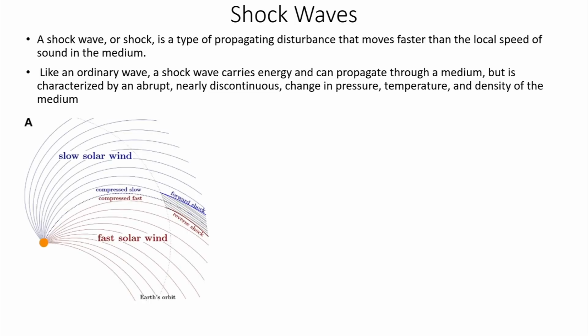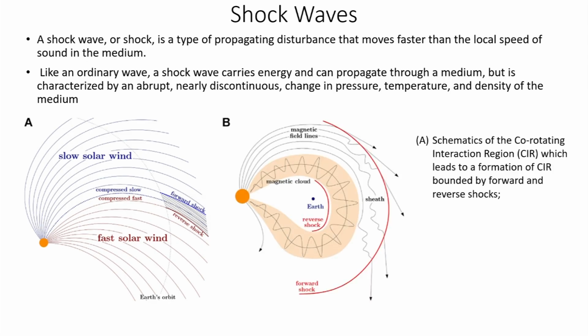Already we have seen the co-rotating interaction region, where there is a forward shock and a reverse shock because of the discontinuity of the velocity between the fast solar wind and the slow solar wind. And here it shows how this co-rotating magnetic field spreads in the interplanetary space, if you consider the Earth in between. It forms a sheath and you have a forward shock as well as a reverse shock.